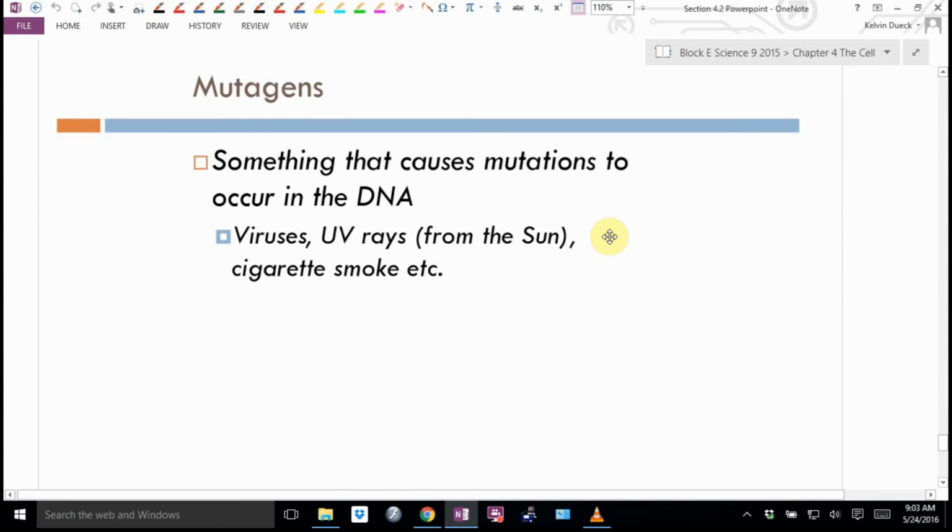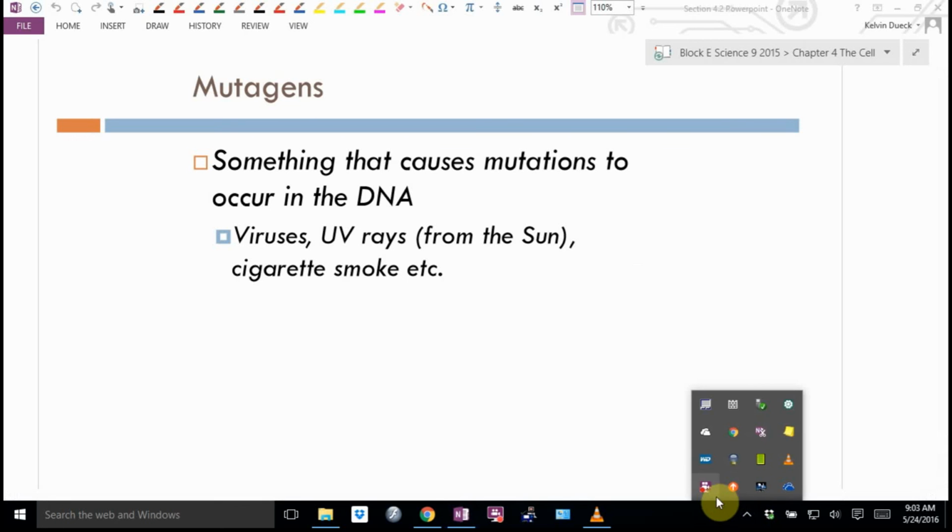Mutagens. This is a word that you probably will see on your test. This is something that causes mutations to occur in the DNA. Let me just pause for a second here.